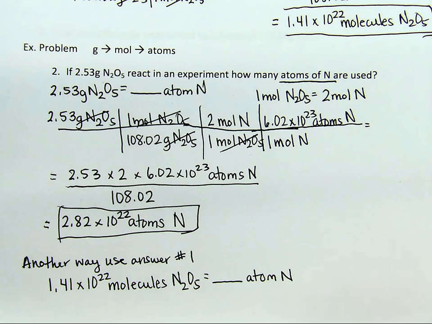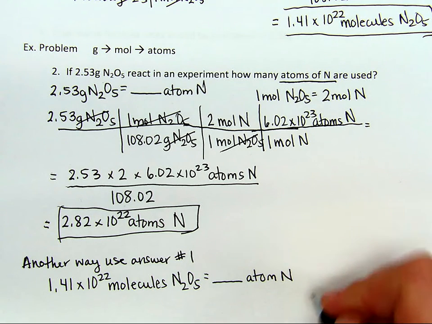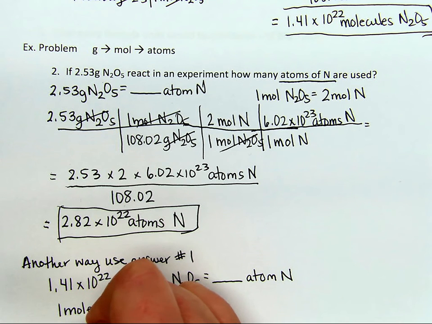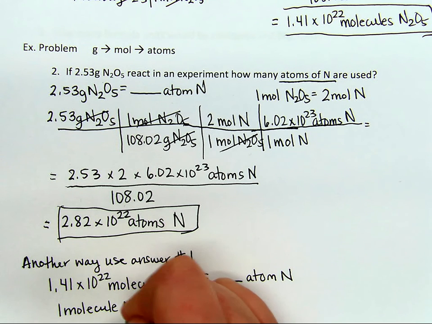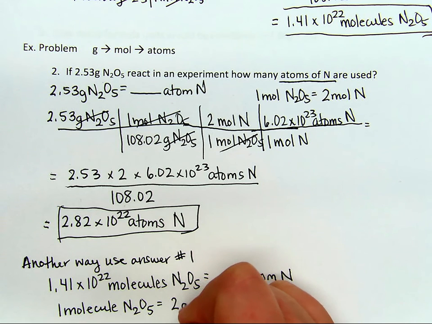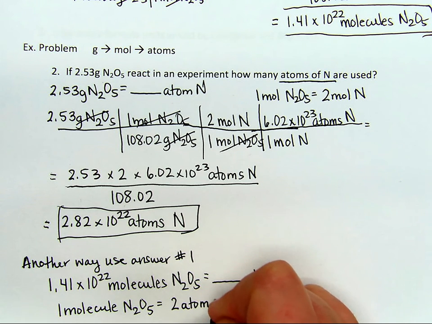Now, we can use this idea that 1 molecule of N2O5 is composed of 2 atoms of just nitrogen.